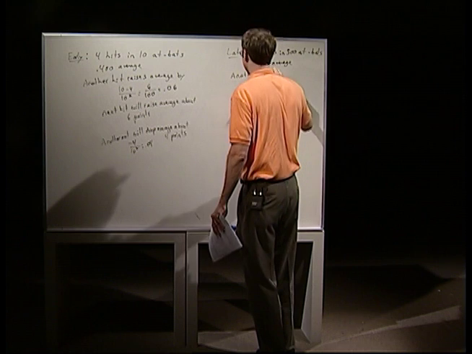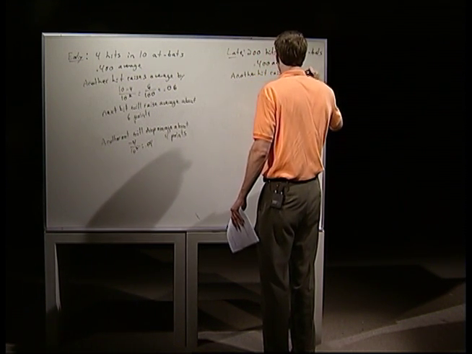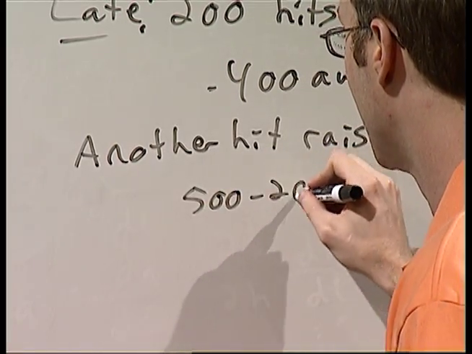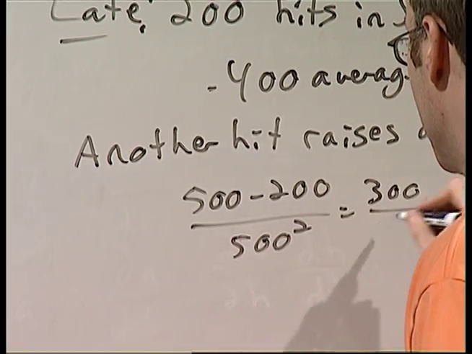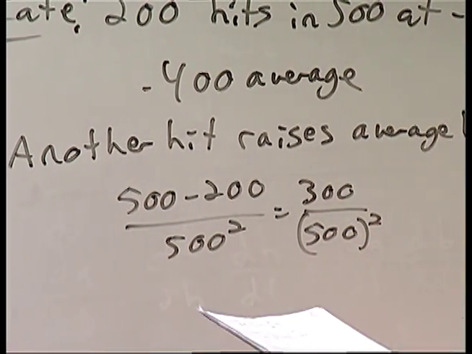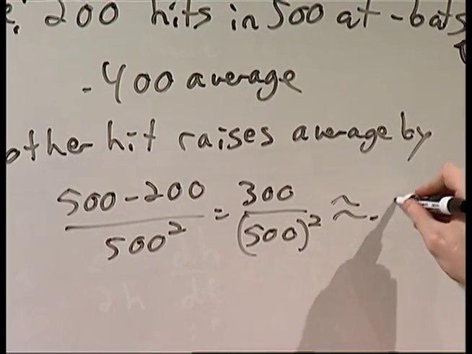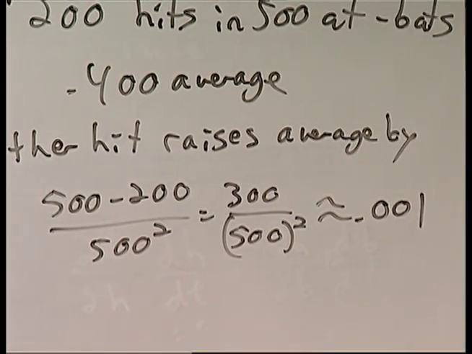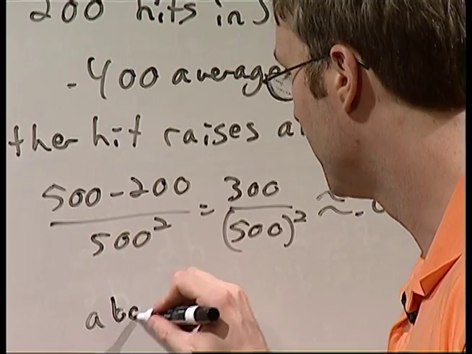Another hit, how much will it raise the average by? Now you've got 500 minus 200 over 500 squared, which is 300 over 500 squared, which is about 0.001. In other words, another hit will raise the average by about 1 point.